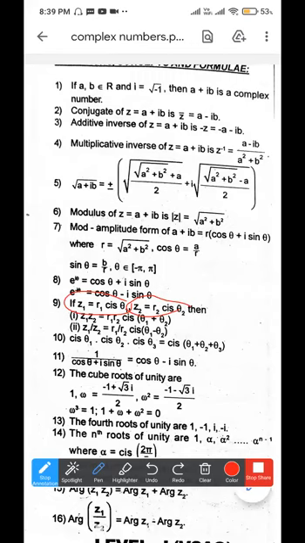Let's say they have given you the complex numbers in this form: r cis theta. Sorry, it is not cos theta, it is cis. Okay, r1 cis theta 1, r2 cis theta 2. Then the multiplication of these two complex numbers will be r1 into r2 cis theta 1 plus theta 2. You have learned cos theta, but this is cis theta.